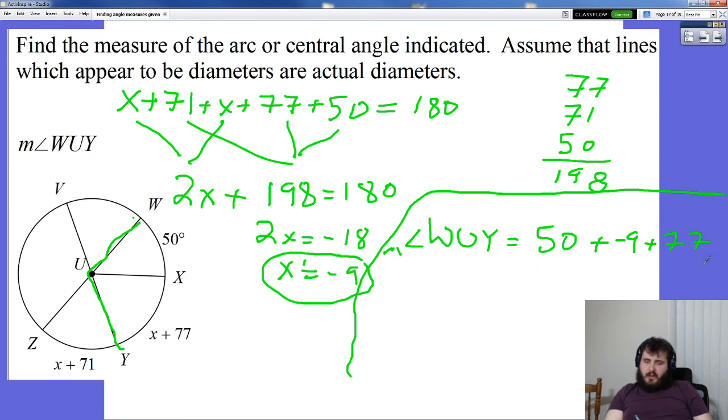You can just add them all up like this too. You're going to get the same thing either way, right? Like 118. 41 and 77. Yeah, 118. So remember, the angle and the arc have the same measurement, even though they sort of describe slightly different things. Just be careful about that, okay?